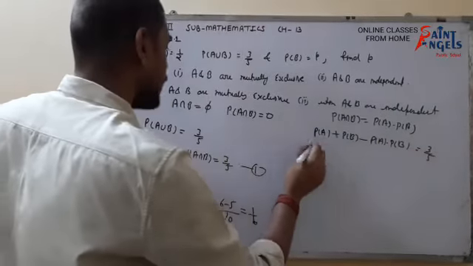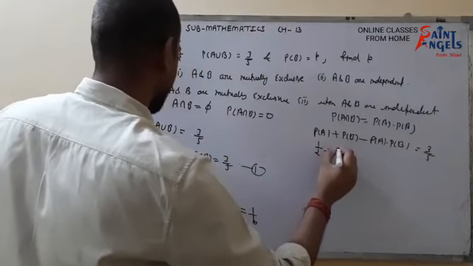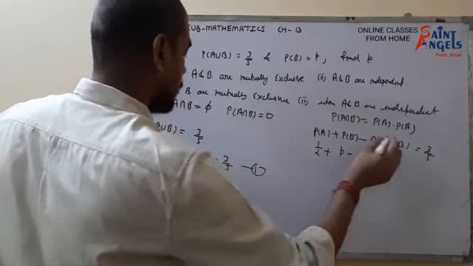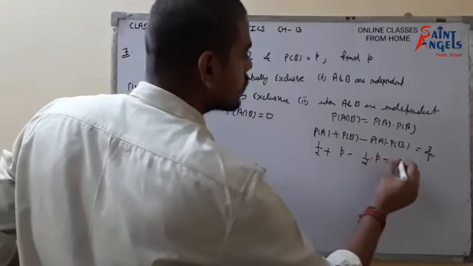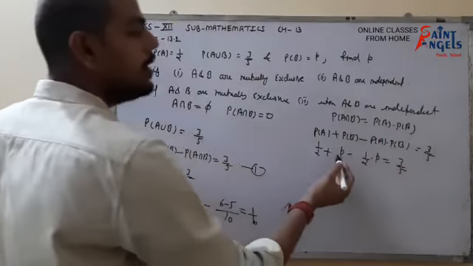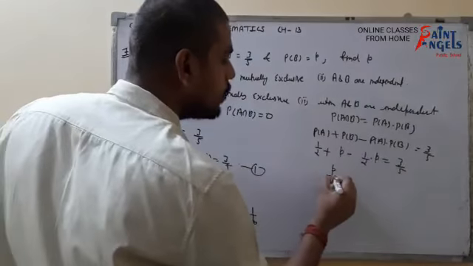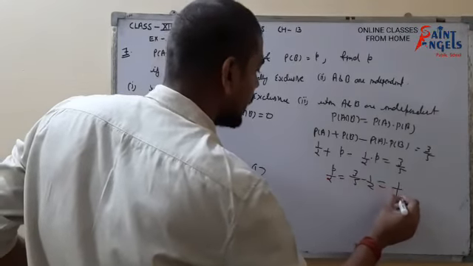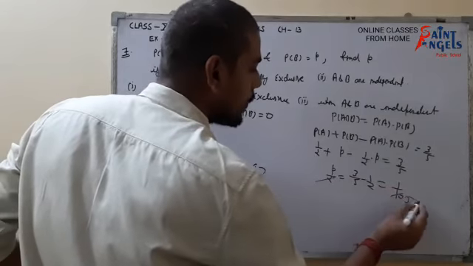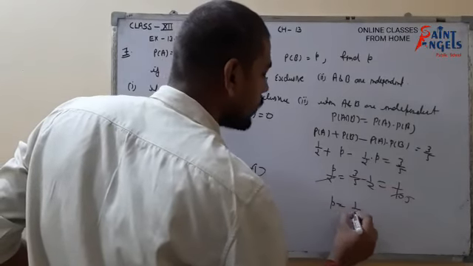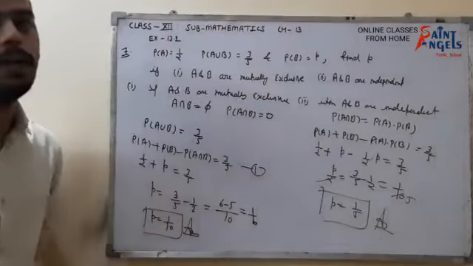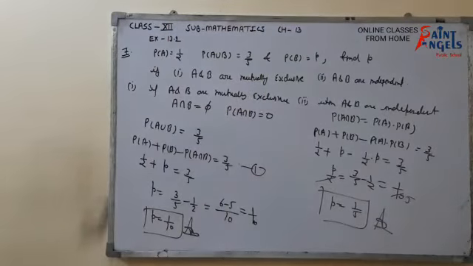So 1 by 2 plus p minus 1 by 2 into p equals 3 by 5. It means p minus half p, that would be p by 2. So p by 2 would be 3 by 5 minus 1 by 2, which equals 1 by 10. From here p equals 1 by 5. So this is the value of p when the events are independent. I hope it's clear. Please pause the video and note it down.